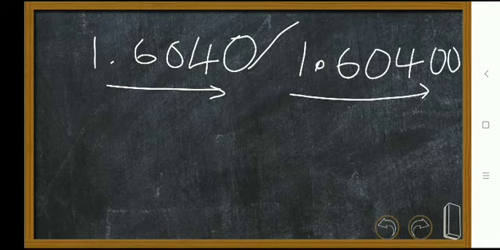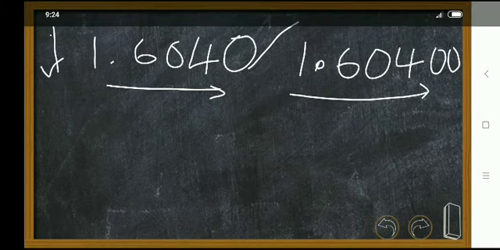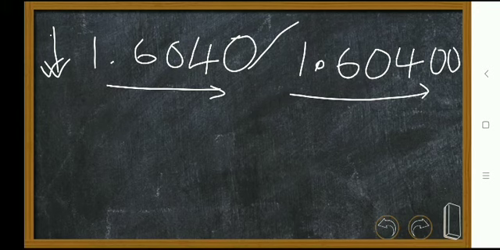So in this case, since when you sell you predict that price will go down, your stop loss will be above your entry price. Since it's 1.6040 in pips, your stop loss of 30 pips means you're going to add 30 pips to this price.